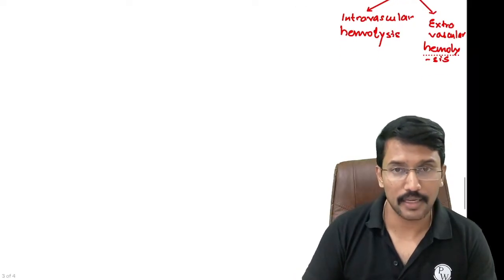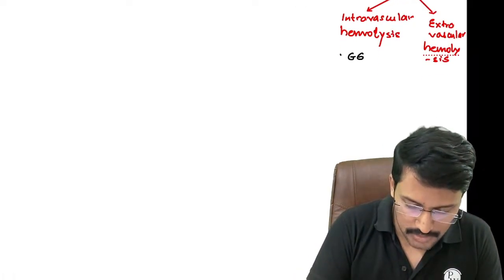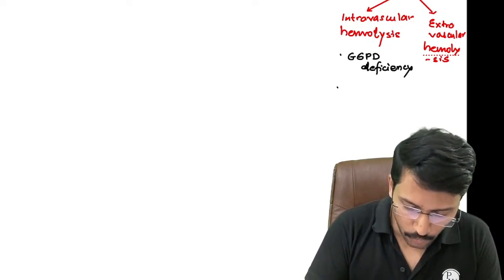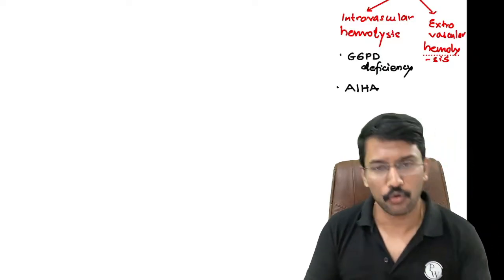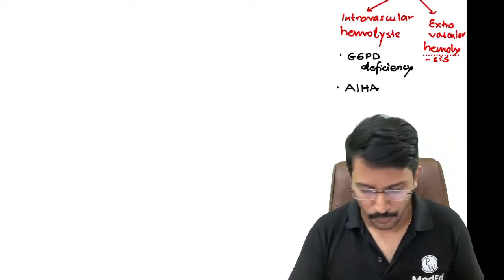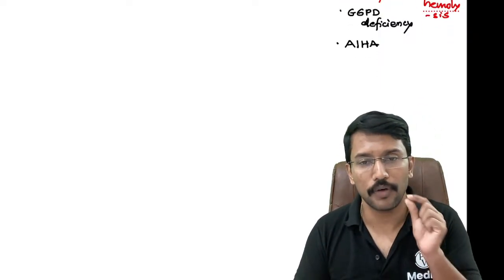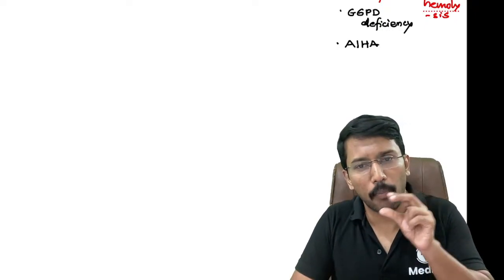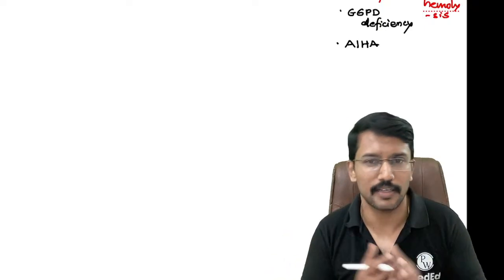In what conditions can I have intravascular hemolysis? Examples I can quote are G6PD deficiency and a set of autoimmune disorders called autoimmune hemolytic anemia. Extravascular hemolysis is typically caused when you have a defective RBC membrane, like your RBC is not in proper shape, and when it passes through the splenic vessels, it gets damaged and destroyed.